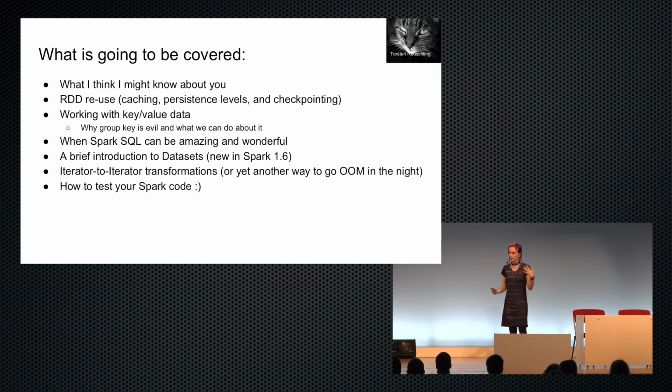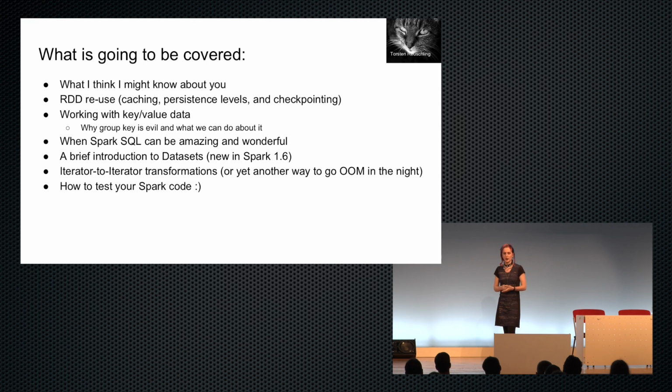So I'm going to start with what my assumptions are about you all as people. And if I get a lot of really blank faces, we'll switch things up a bit as we go. But we'll talk about how to reuse our data in Spark efficiently, considerations for when we're working with key value data, and what key skew means for working in Spark. We'll also look at how Spark SQL can help us make really fast Spark programs.